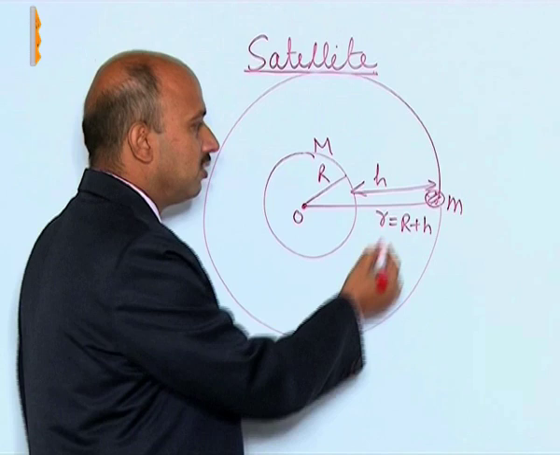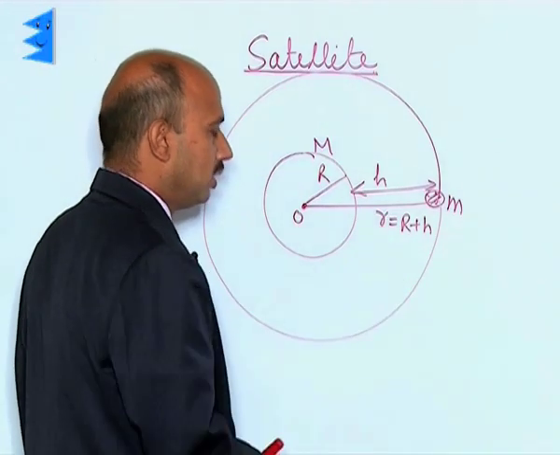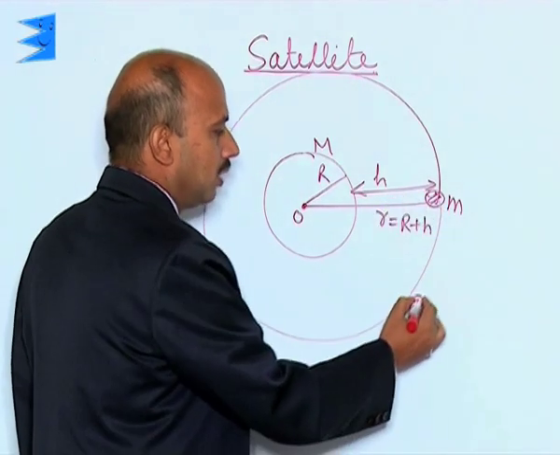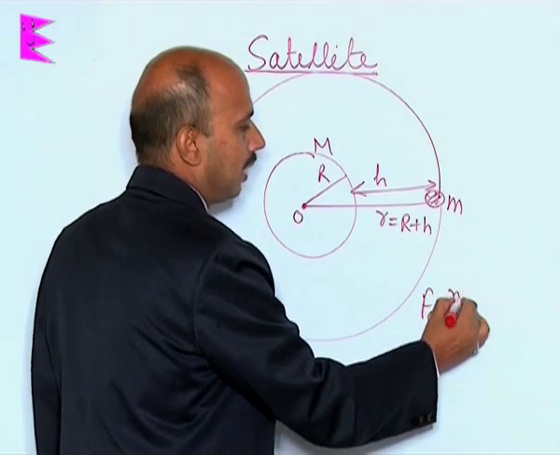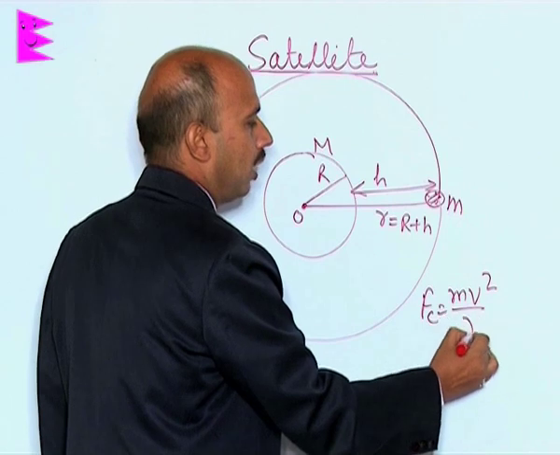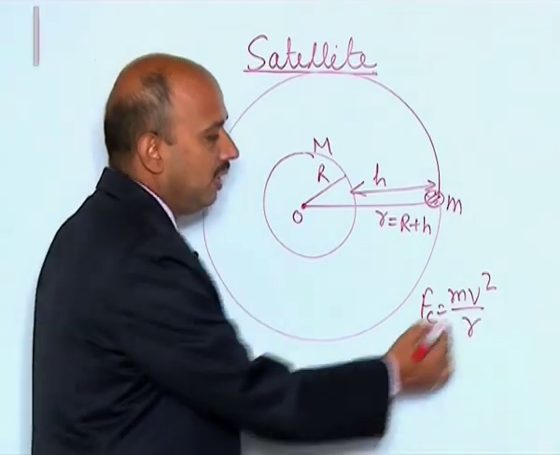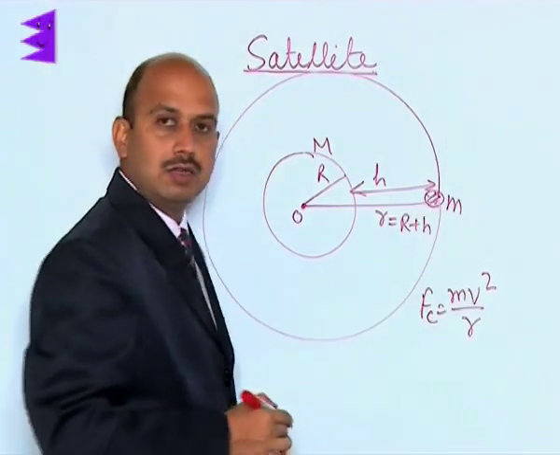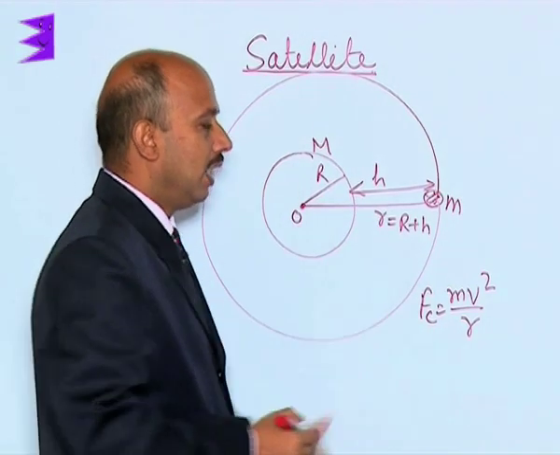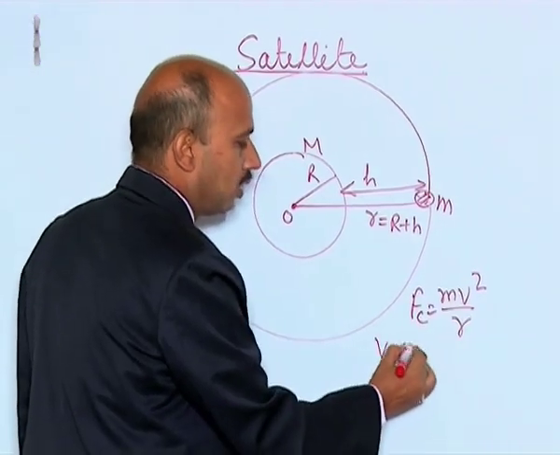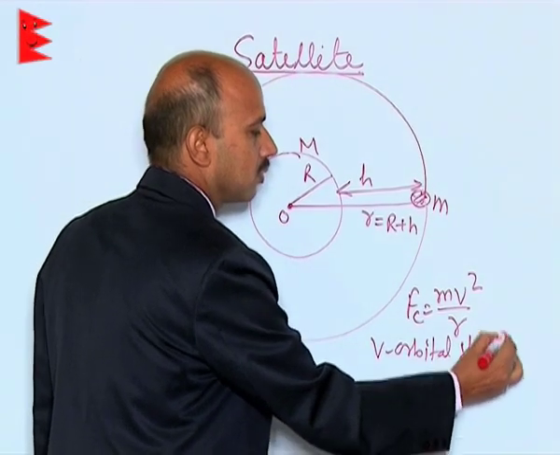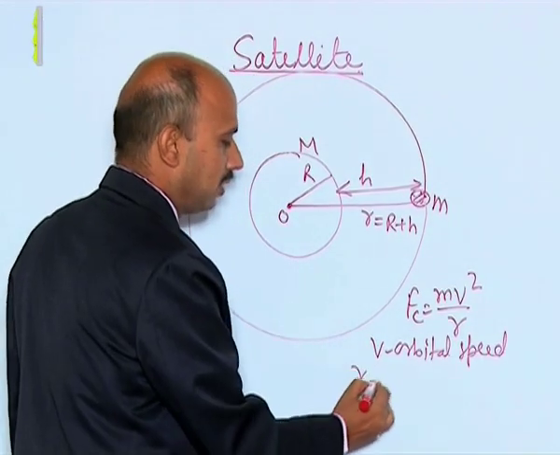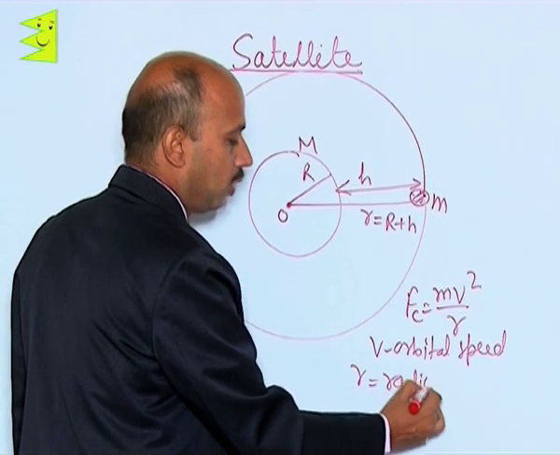See here, one centripetal force is acting on this body of mass m, that is Fc is equal to mv square upon r. Here v is the speed of the satellite with which it is revolving, and this v is known as the orbital speed, and r is known as the radius of orbit.